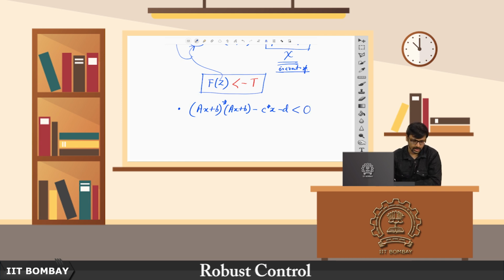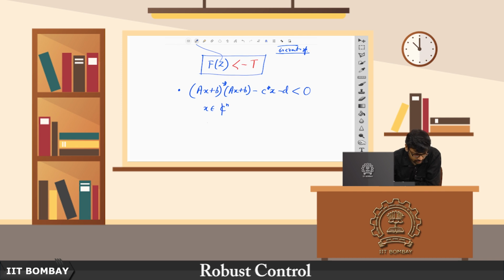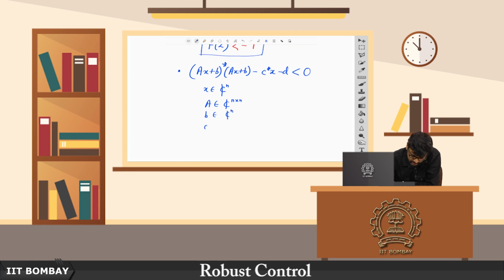Where this x comes from C^n, it is a vector; A comes from C^(n×n), b also comes from C^n, c also comes from C^n, and d also comes from C^n.